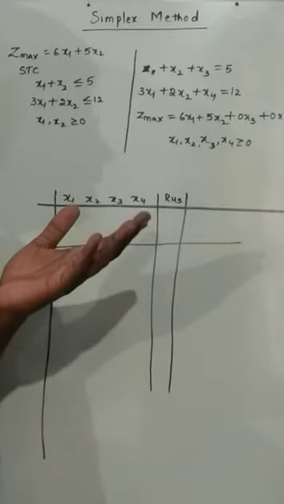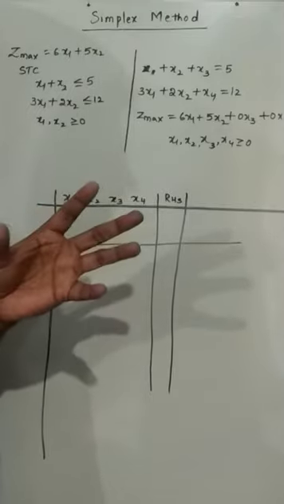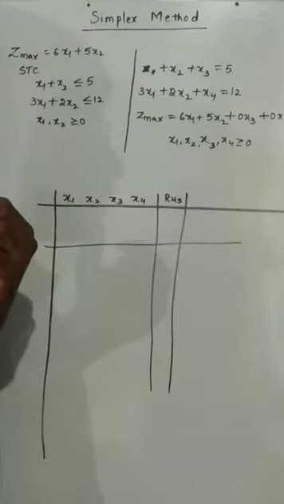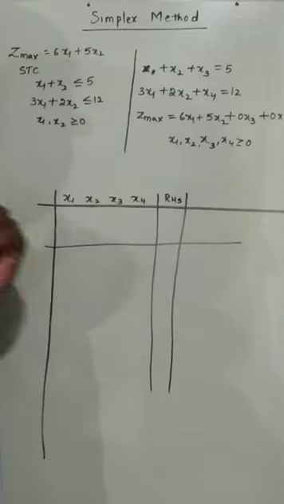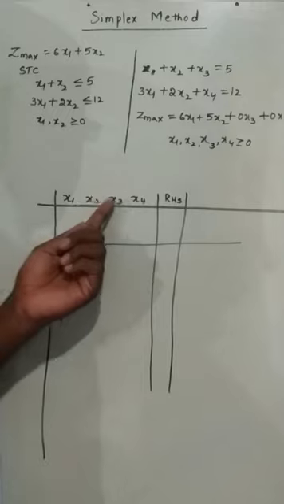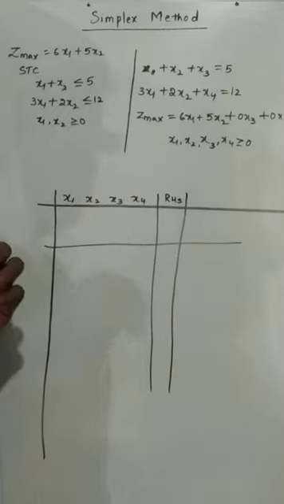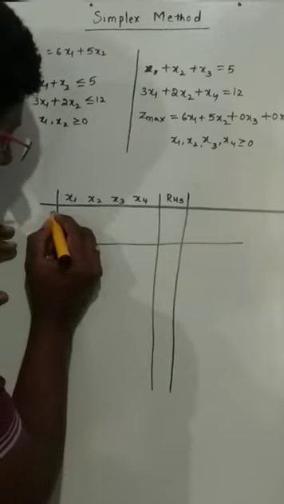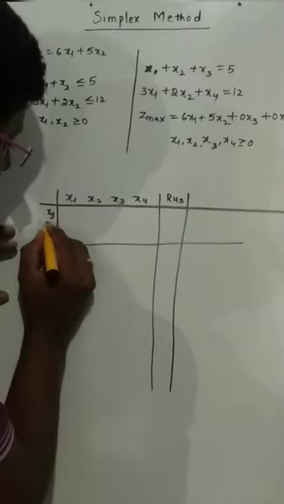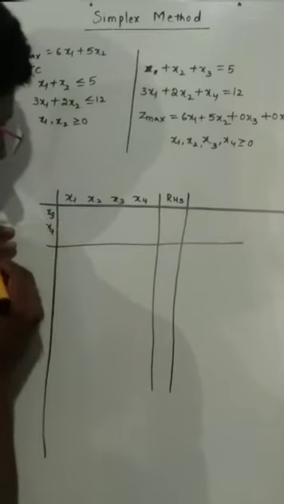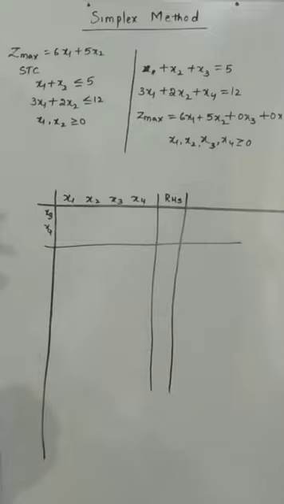I think we already know about basic variables from the algebraic simplex method. In this case also, x3 and x4 are the basic variables. So I'll take those variables on this side, x3 and x4 considered as basic variables.